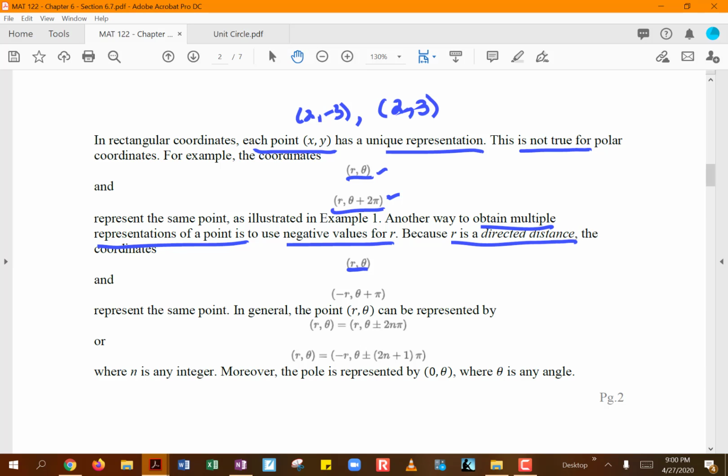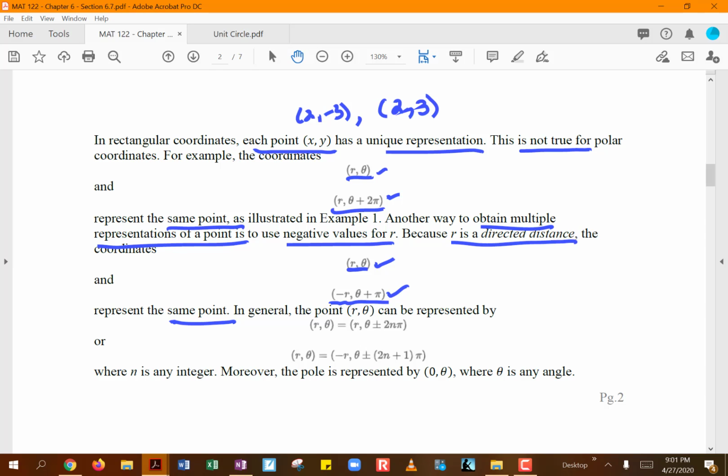And they are saying because r is a directed distance, then r comma theta and negative r comma theta plus pi will also give you the same point. So just like r and theta plus 2 pi can give you the same point, in that same way you can get another representation by taking a negative value on the r and adding a pi to your angle measurement.